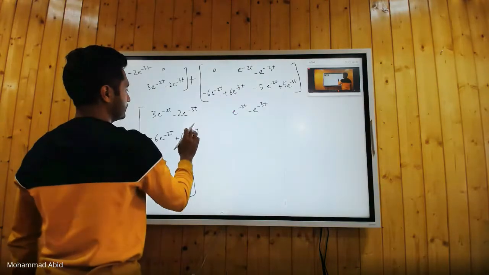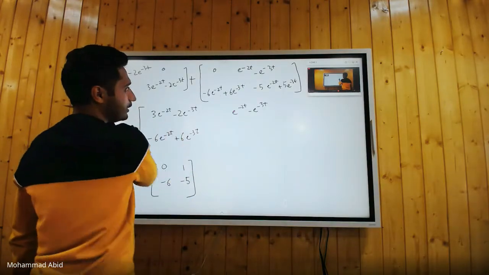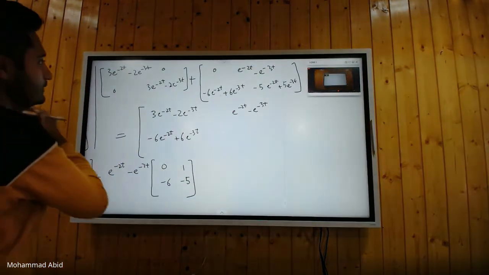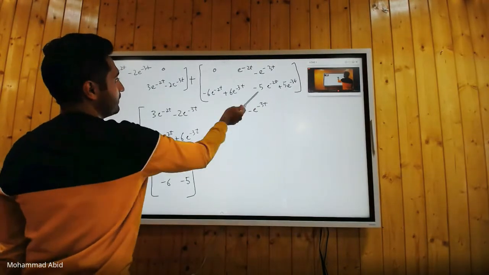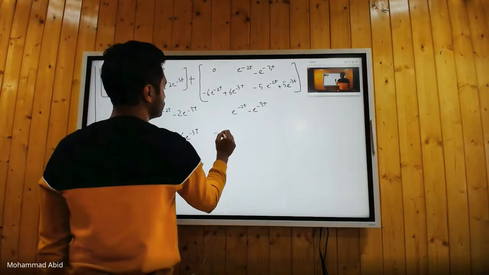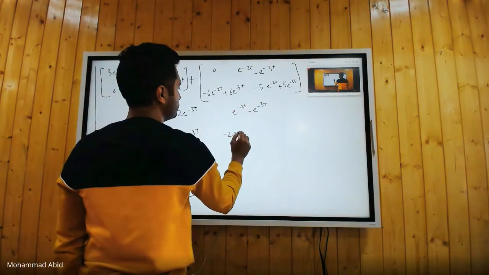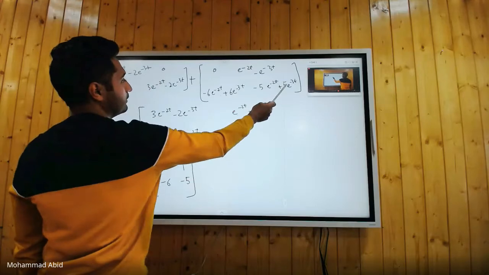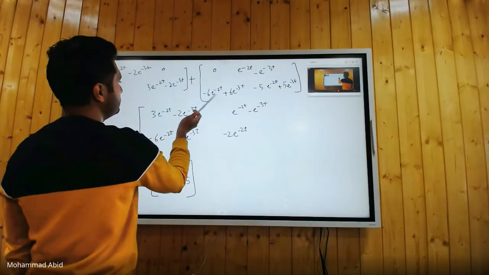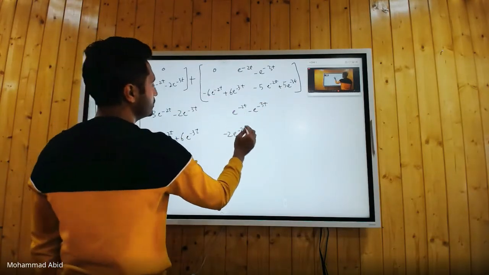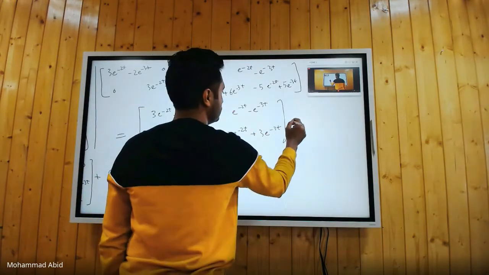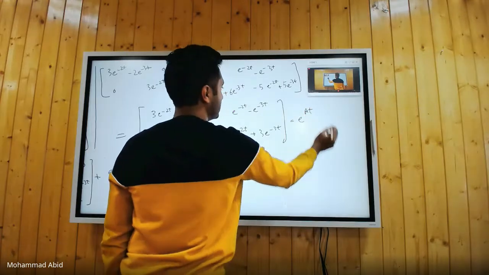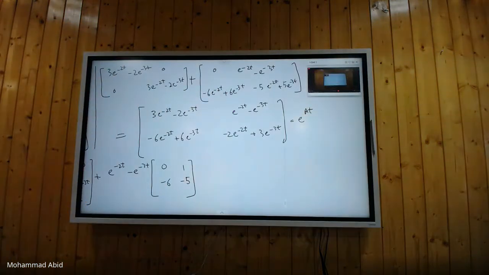Yes, thank you. This is 3. Do this addition: minus 5 plus 3 gives minus 2, so minus 2 e to the power minus 2t. Again, for minus 3t, compare the coefficients: 5 minus 2 gives you 3, 3 e to the power minus 3t. That's your e to the power At using Cayley-Hamilton. See, Cayley-Hamilton took a lot of steps.